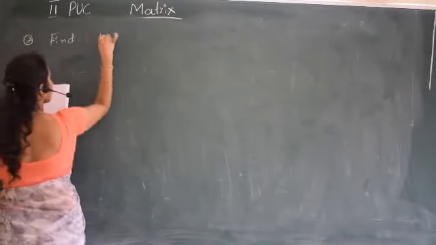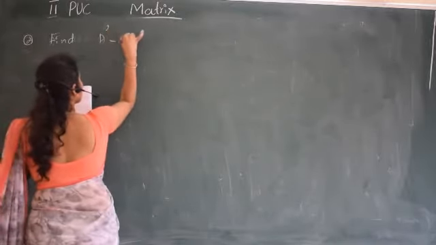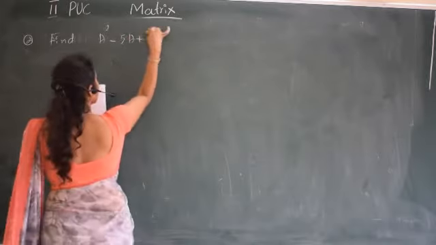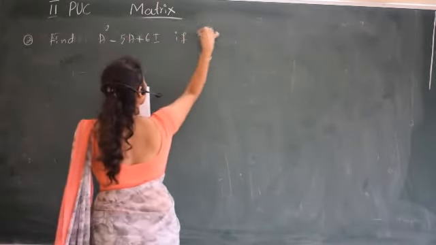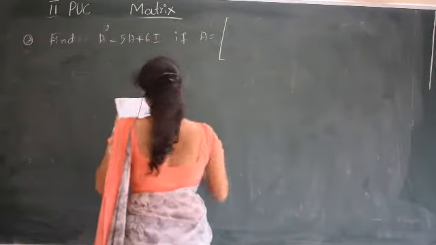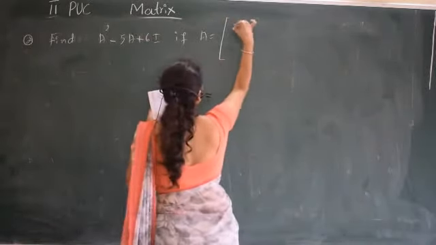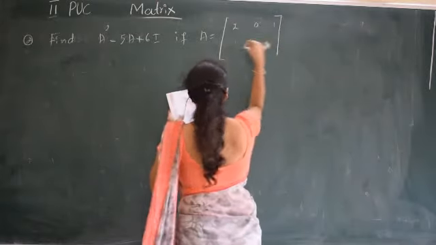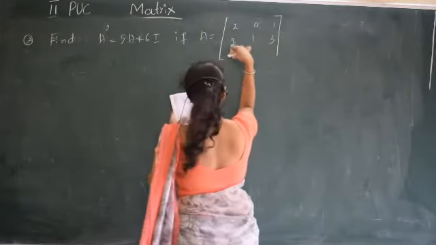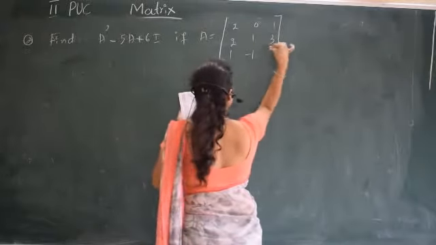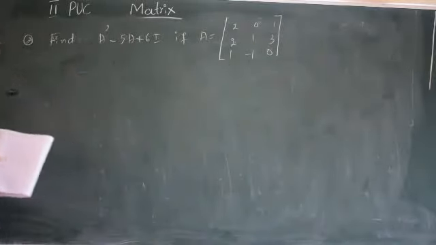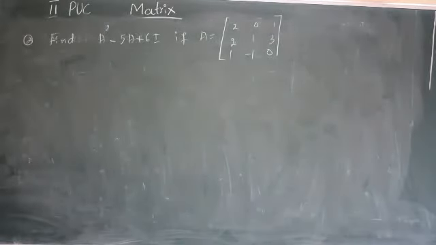Find A square minus 5A plus 6I if A is given. First row is 2 0 1, second row is 2 1 3 and third row is 1 minus 1 0. So first calculate A square.